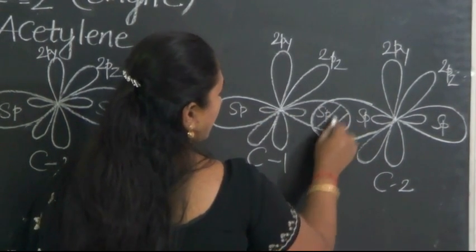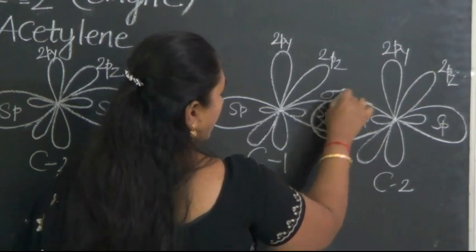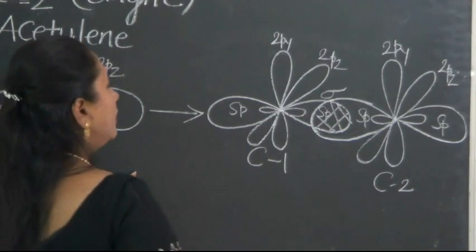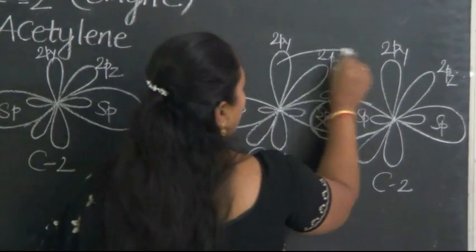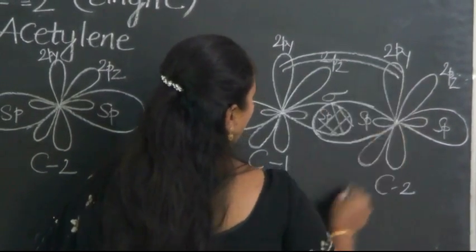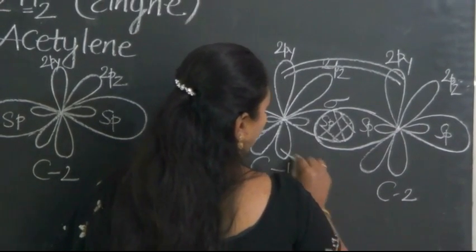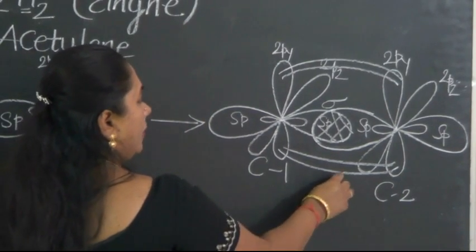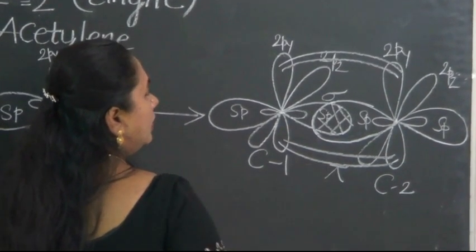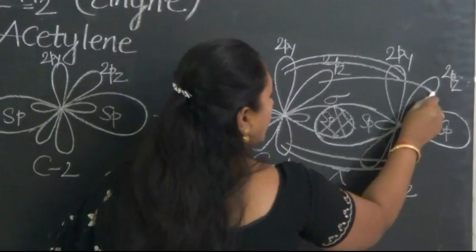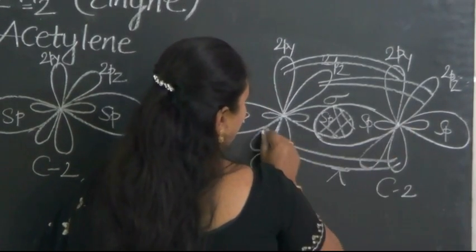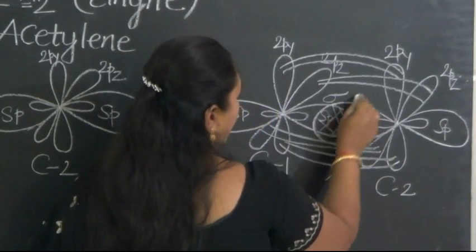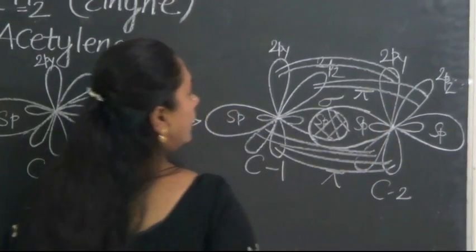So what has happened? They have undergone head-on overlapping, resulting in the formation of a sigma type of covalent bond. Now the 2py of each carbon atom undergoes lateral overlapping, resulting in a pi bond. Similarly, the 2pz of each carbon atom will undergo lateral overlapping, resulting in the formation of another pi bond.